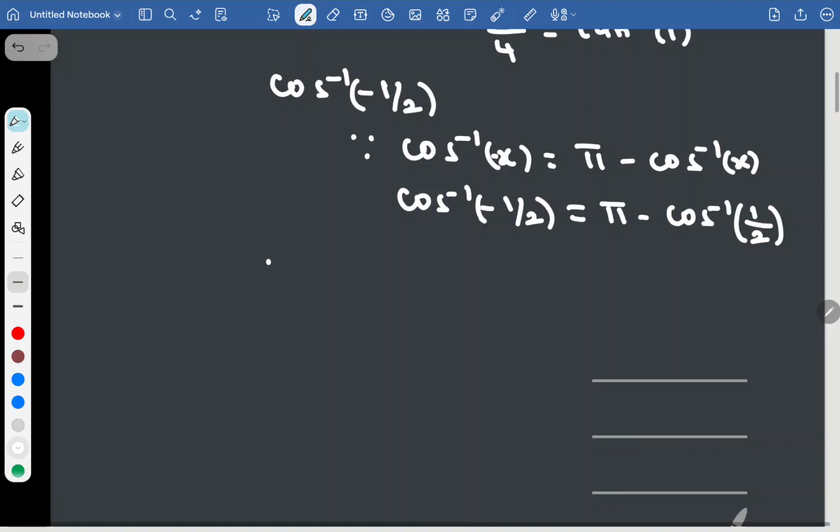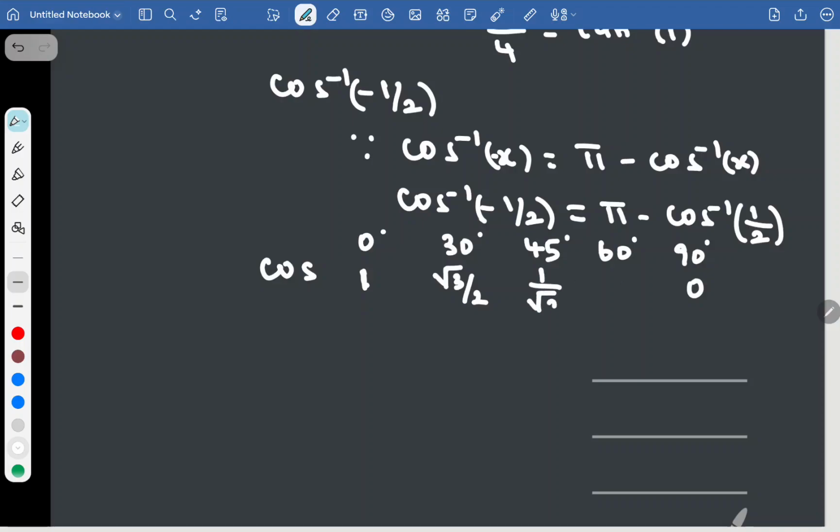From the trigonometry table, for cos of 0 degree, 30 degree, 45 degree, 60 degree, 90 degree: cos 0 is 1, cos 90 is 0, cos 30 is root 3 by 2, cos 45 is 1 by root 2, cos 60 is 1 by 2.